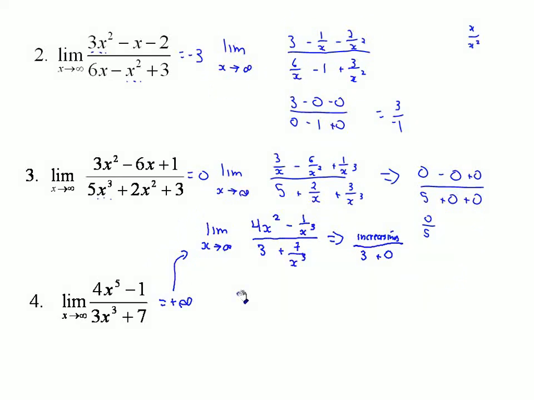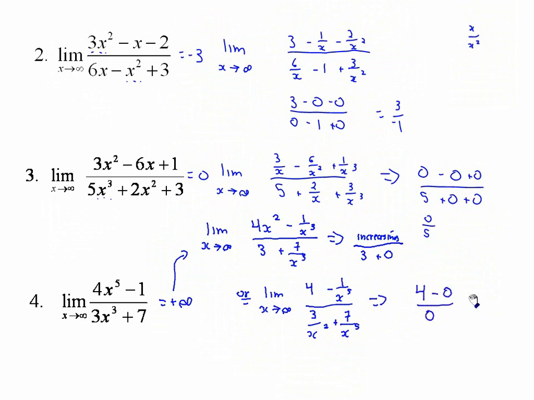Now the other method that you could have done is divide by x to the 5. If you had done that, here's what you get. We get 4 on top minus 1 over x to the 5. Then the denominator is 3 over x squared plus 7 over x to the 5. When we take the limit, we end up getting 4 minus 0 over 0.